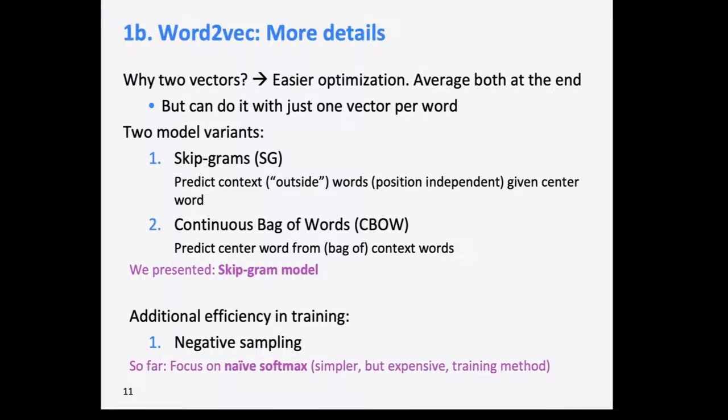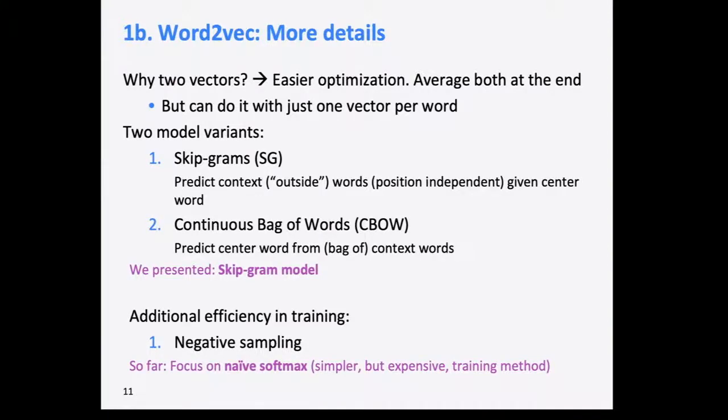Okay, more substantively, if you go to the word2vec paper, you will discover that there's more to word2vec, that they define a family of word2vec models. There are two main parts of that family. Firstly, there's a choice between the continuous bag of words model and the skipgrams model.